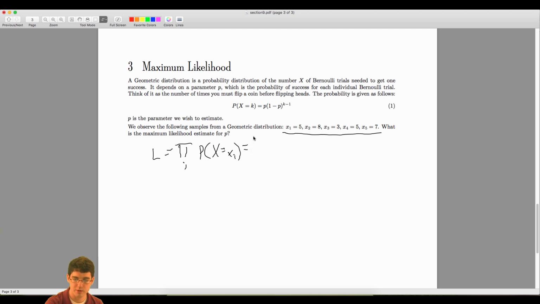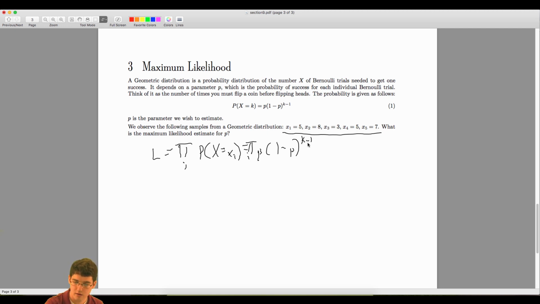And of course, we can write this out because we're assuming this particular probability distribution was used, this parameterized distribution. So we know that this is equal to the product of p times (1 minus p) raised to the k minus 1.